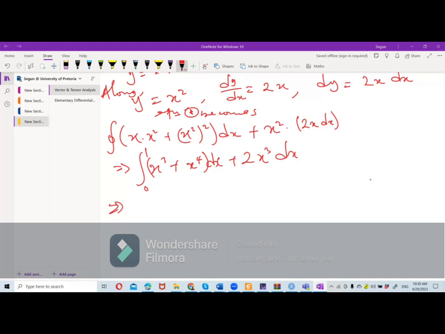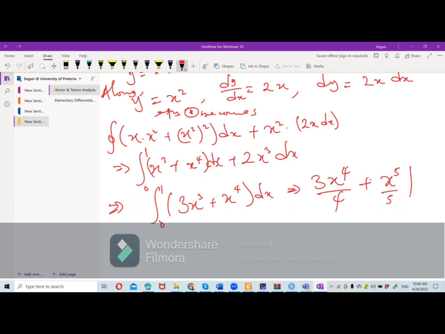Integrate this one, remember, we need to add everything together. This plus this, open the bracket, because they are all the same. We have 3x to power 3 plus x to power 4, all the x. Do you agree with me? If I now integrate this one, I have 3x to power 4 over 4 plus x to power 5 over 5, from 0 to 1.